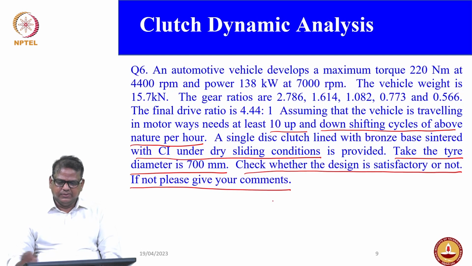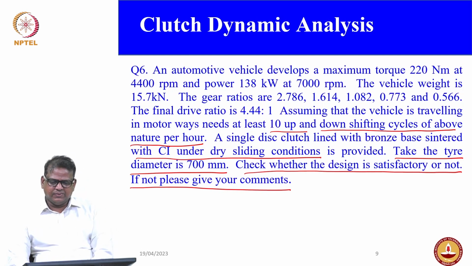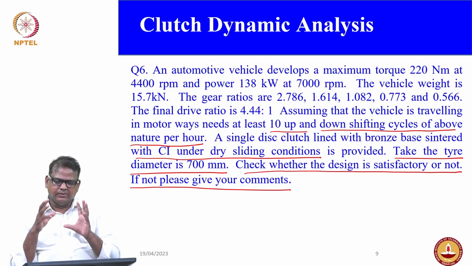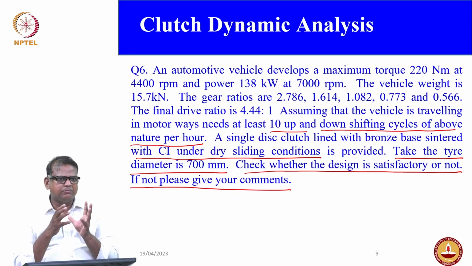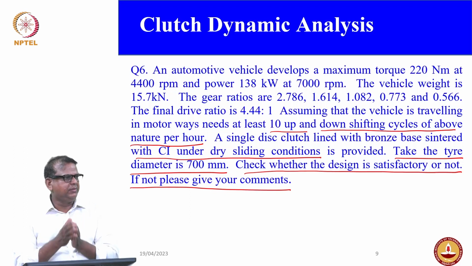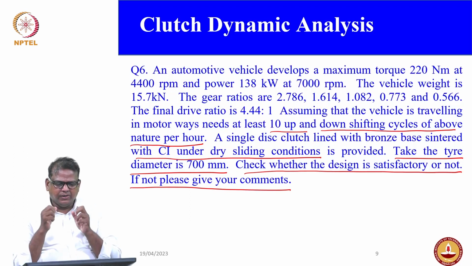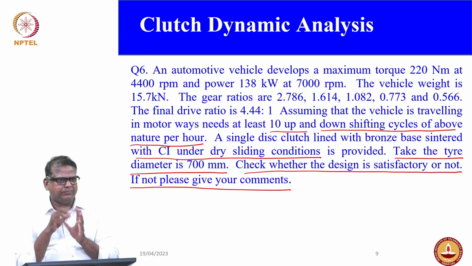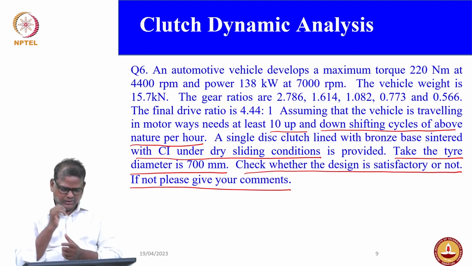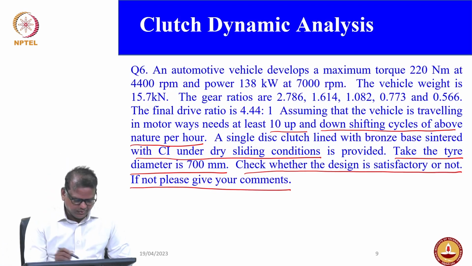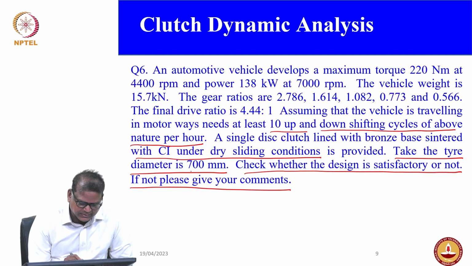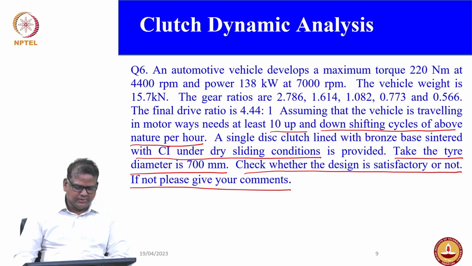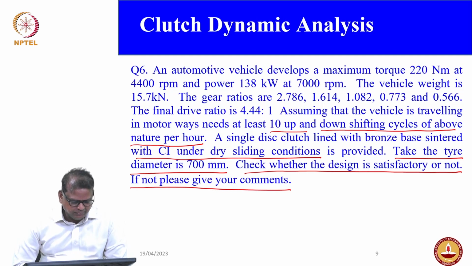Okay, so nothing else is given, right? The vehicle maximum torque is given, the maximum power is given, and the gear ratios are given, and we need to design a clutch for 10 up and down cycles per hour. That's what is given. Of course, you have a tire diameter of 700 millimeter.